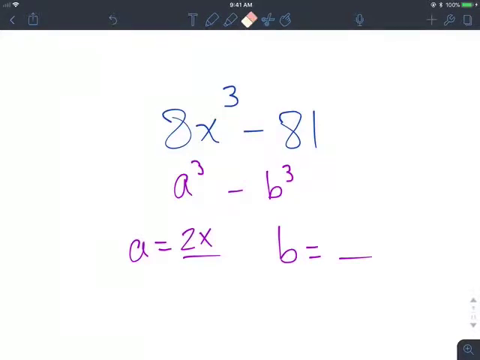I picked the wrong number, I guess. Should have been 27, right? My fault. I picked 81. It should have been 27. 81 is not a perfect cube. So now, b is 3.